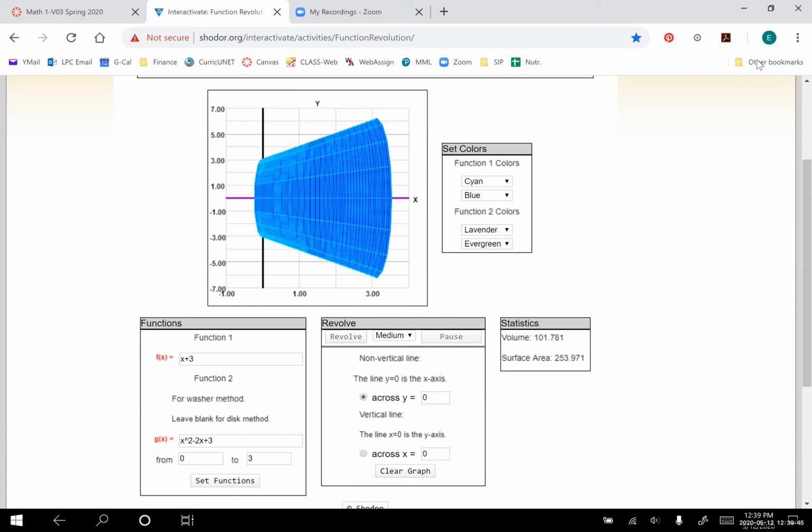Oh, and question in the chat there, can this work for a 3D printer? Well, I don't know if this website in particular would communicate with the 3D printer, but this is the idea of a lot of 3D printing type of things. You can make these shapes. And actually, I wish we were in person because I asked our engineering lab to 3D print me a few of these, and this is one of the solids that they printed for me.